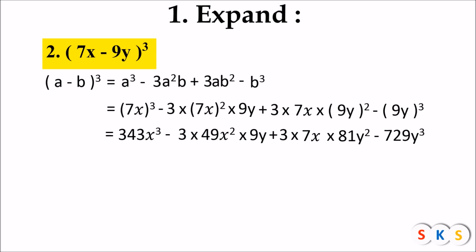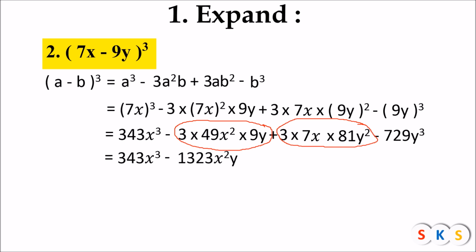Now we will simplify this part. We have to use BODMAS, so first we will do the multiplication. We will get 343x cube minus 3 into 49 into 9, that would be 1323 x square y, plus 3 into 7 into 81, which will be 1701 xy square, minus 729y cube.